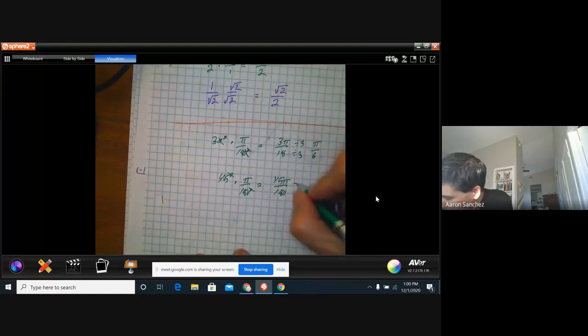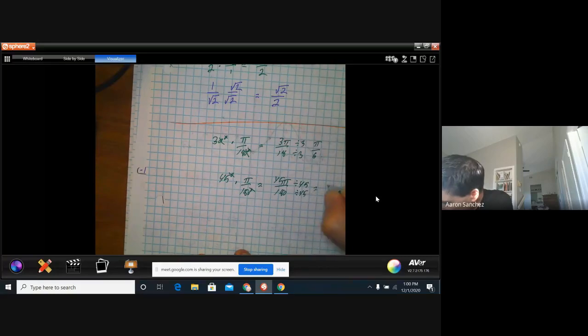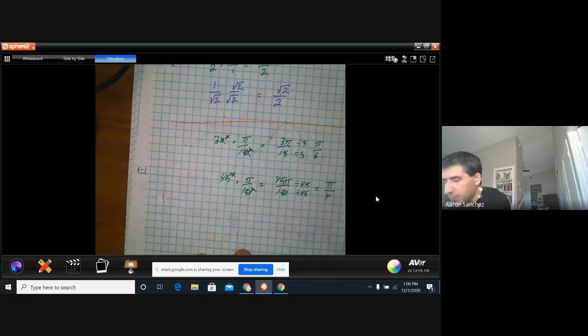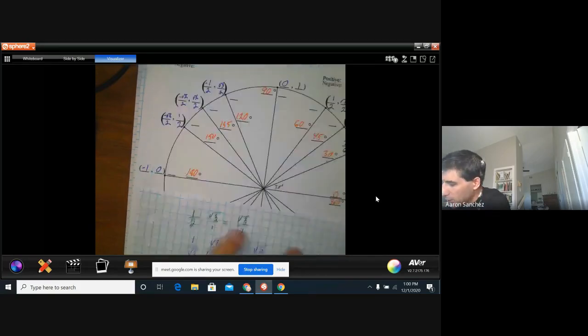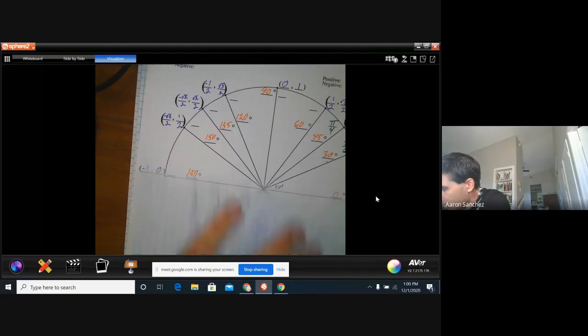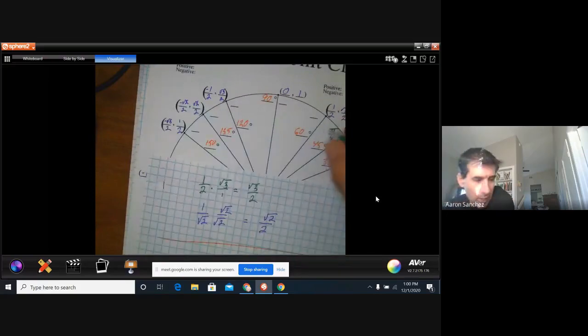They're both divisible by 45, so 45 over 45 is 1, pi over 4. So 45 degrees is equal to pi over 4. 60 degrees is equal to pi over 3.